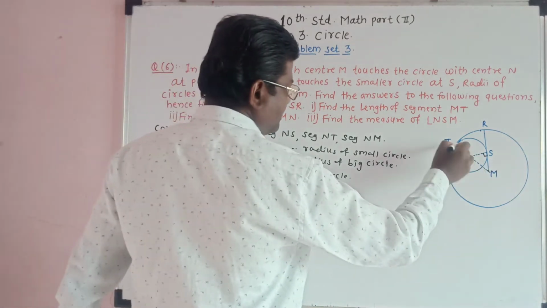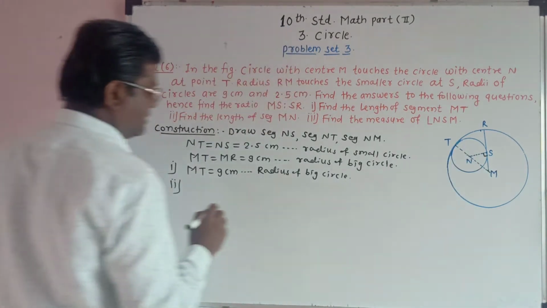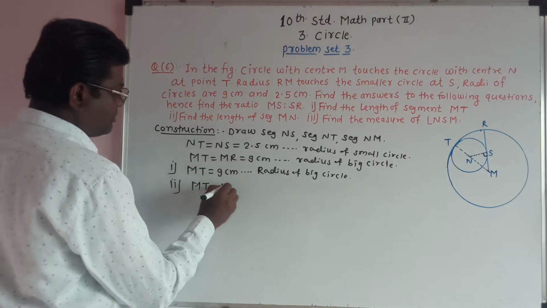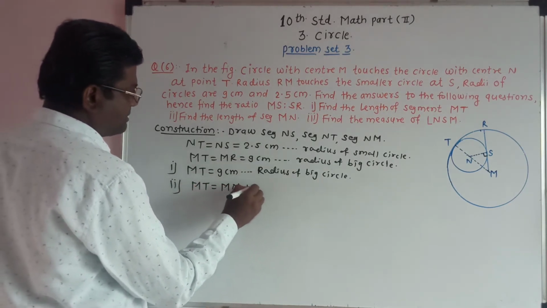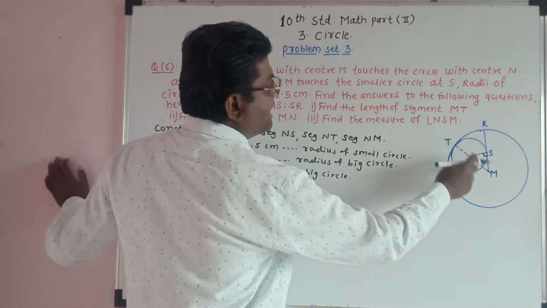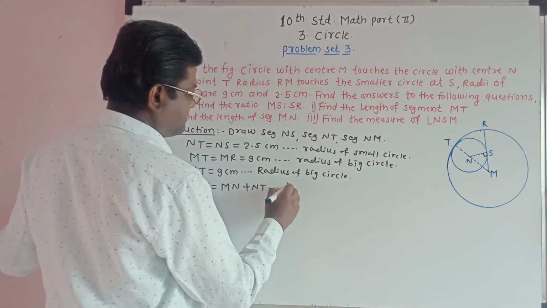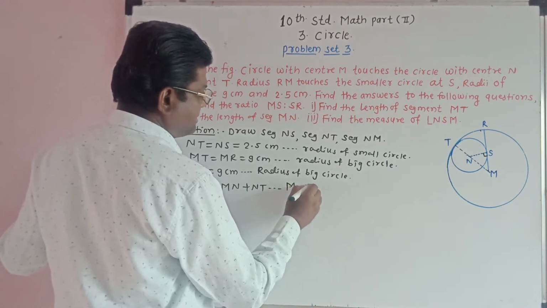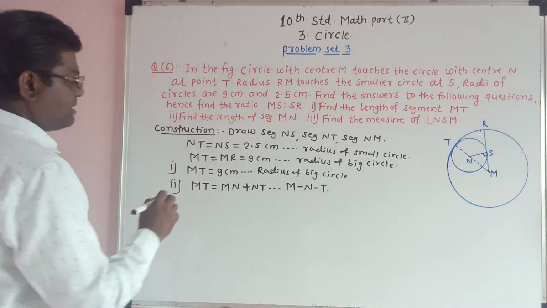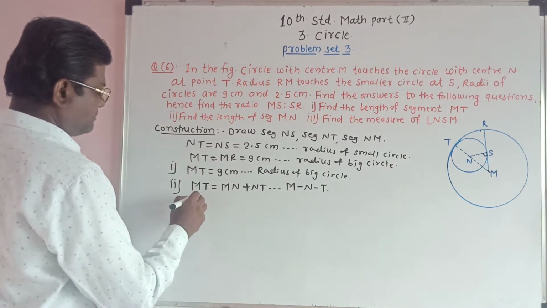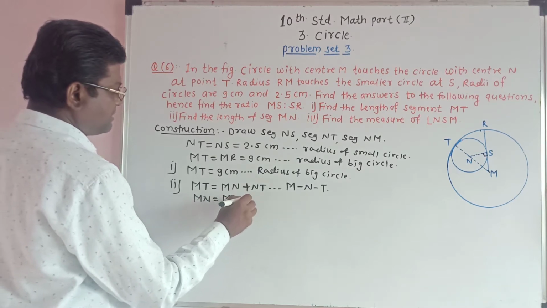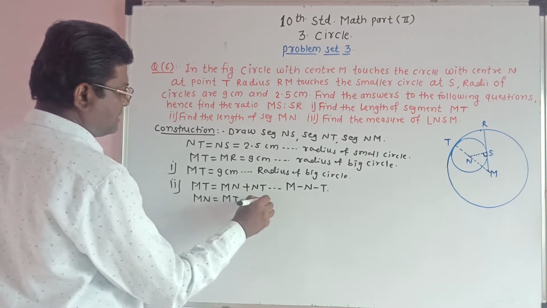So MT is equal to MN plus NT. Reason is M-N-T. Now we have to find MN. MN is equal to MT minus NT.